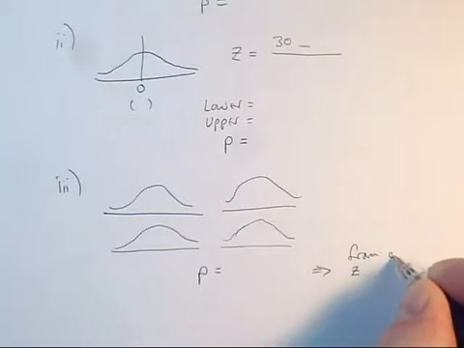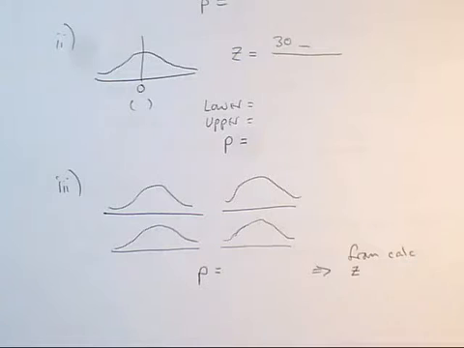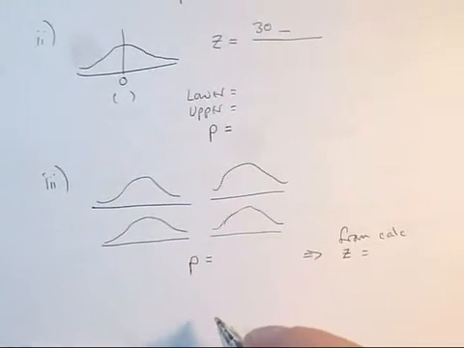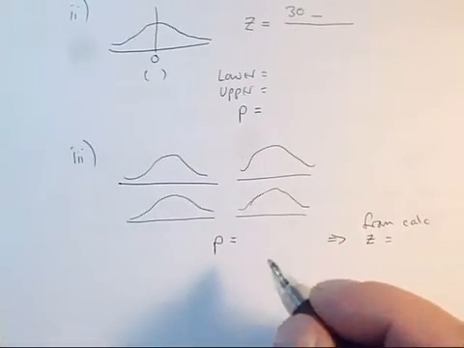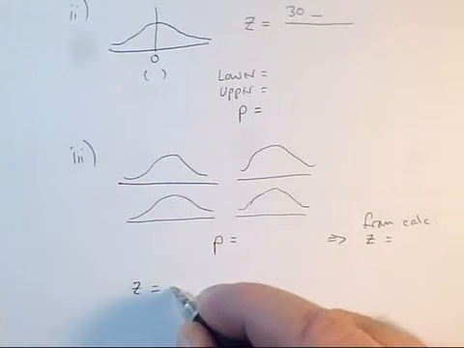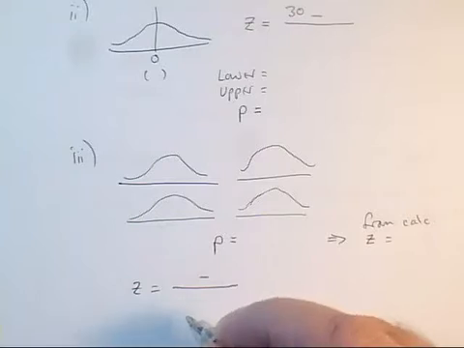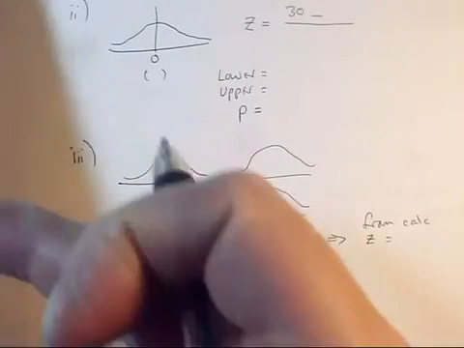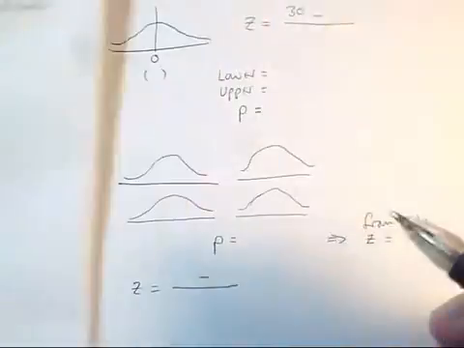So from your calculator in inverse normal mode, inverse normal because you're working backwards, you're going to get a z value. So once you know the z value, it's back to the z formula. So a z, which you now know, is quote the formula, something minus something over something, but put your z value in, and the thing you don't know this time, the thing we're trying to find, is a time, which is a value of x.